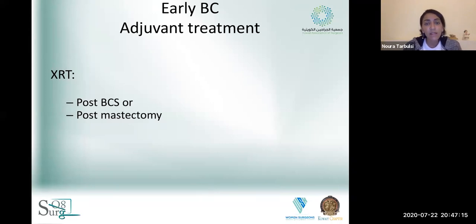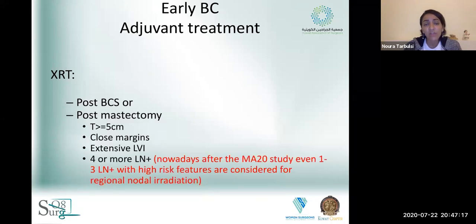Or post-mastectomy in select patients: patients that have large tumors, more than or equal to 5 cm, close margins, extensive lymphovascular invasion. This is a pathological term that we look for when we're looking at the final pathology report. 4 or more lymph nodes, and nowadays, even any node-positive patient would be considered for radiotherapy based on recent publications of large trials.